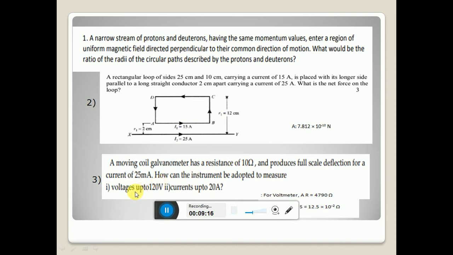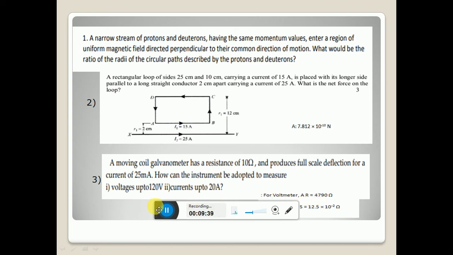Here you have to convert the galvanometer into a voltmeter to measure 120 volts. For that there is an equation R is equal to V by Ig minus G. Use that equation and you will get the series resistance for the voltmeter range. The resistance value will be 4790 ohms.